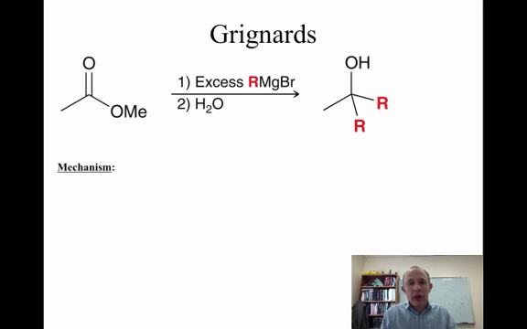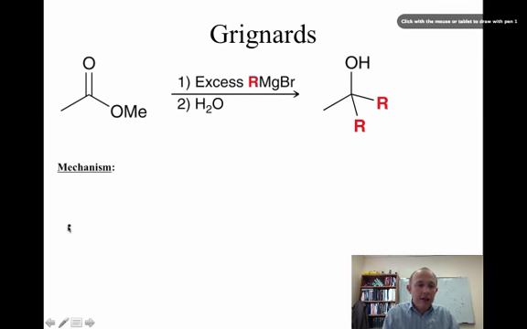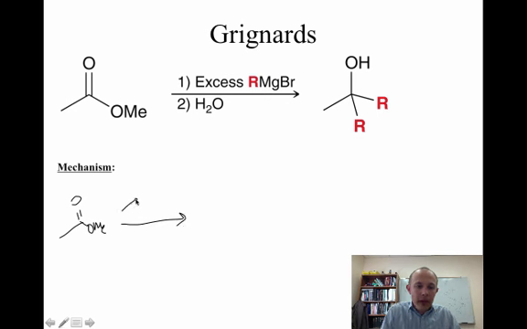Grignard reagents, as we know, add twice to esters. The reason being that initially, let's say we have ethyl magnesium bromide as our Grignard. We have a carbon-containing nucleophile, which is very nucleophilic. It can directly attack that ester.